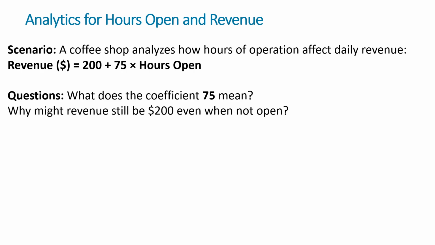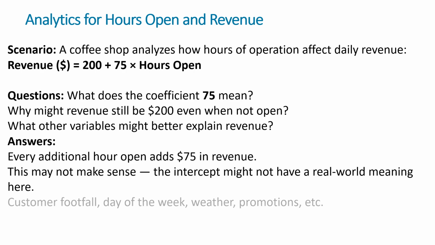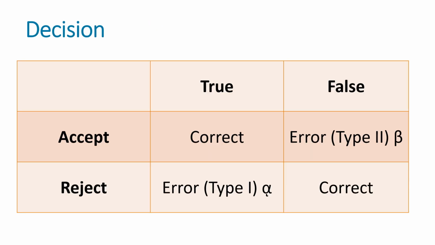So you can say hours open and the revenue. You can easily analyze the coffee shop and what the 75 means, what the 200 means. I've already explained that, so you will get the answer as well.